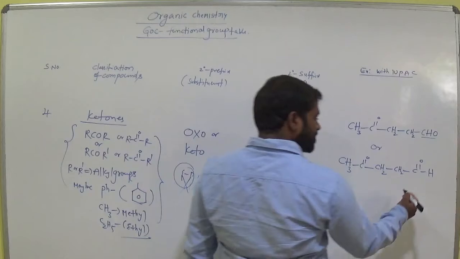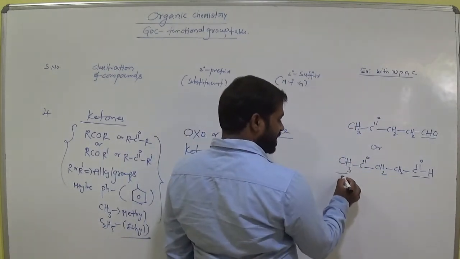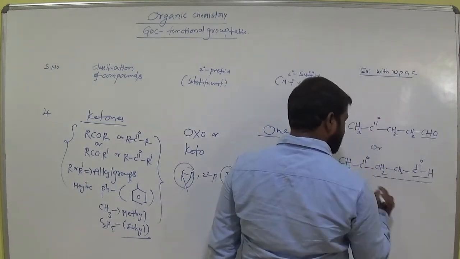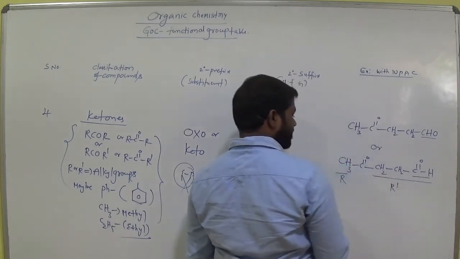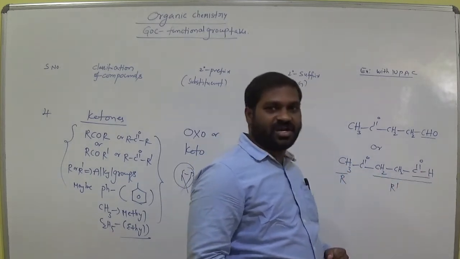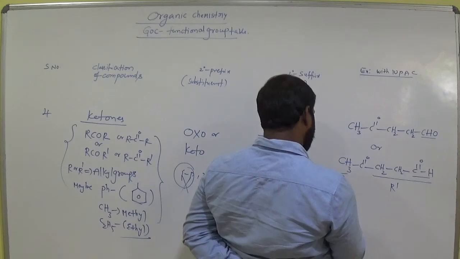Now, what about this functional group? This is aldehyde, am I right? What about this one? This is taken as R, and this entire group is taken as R dash, because both are different. So in this case it is ketone, and at this position it is aldehyde. Now two functional groups are present. Which one gets first priority?